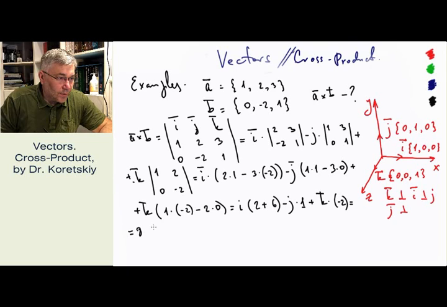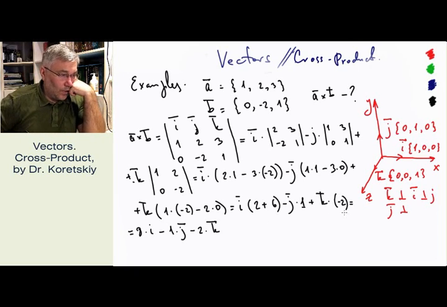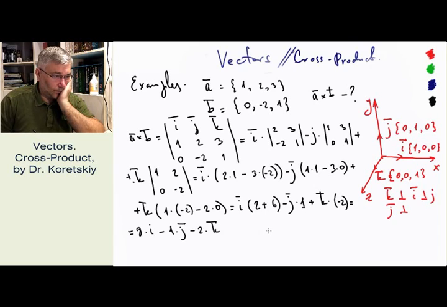And we have 8 times i, I forgot to put bars here, minus 1 times j, minus 2 times k. So this is the new vector. I denote it as vector C, the cross product, and it has components 8, -1, -2.